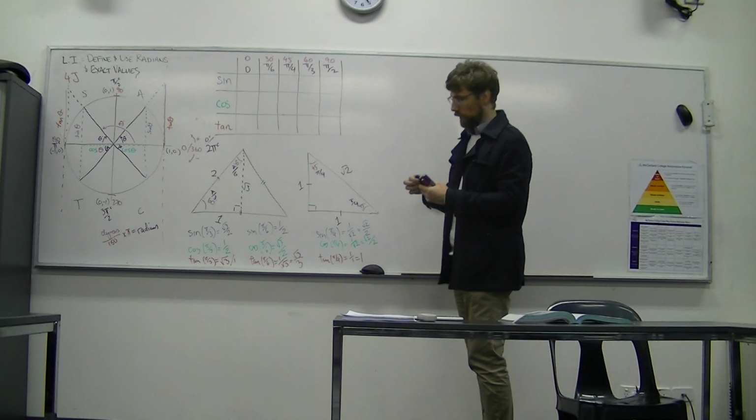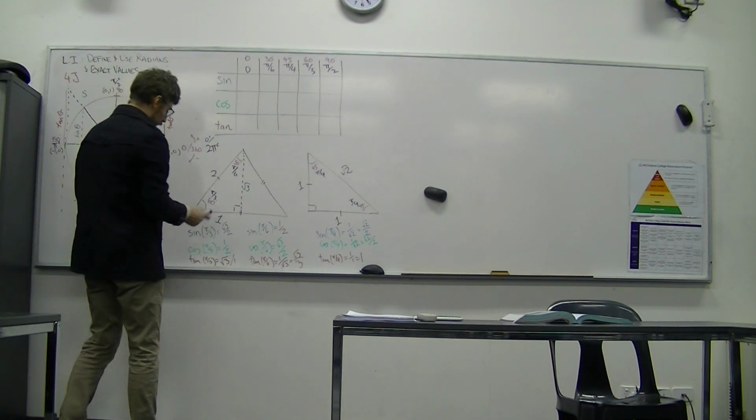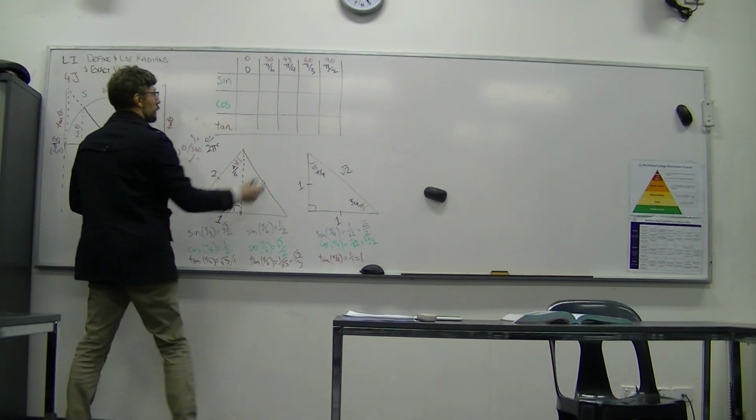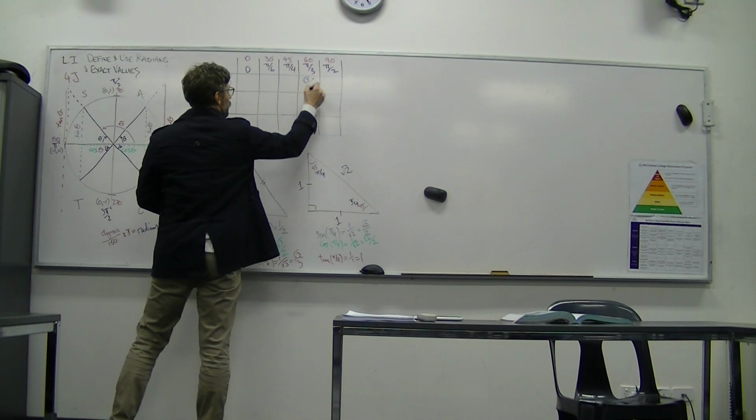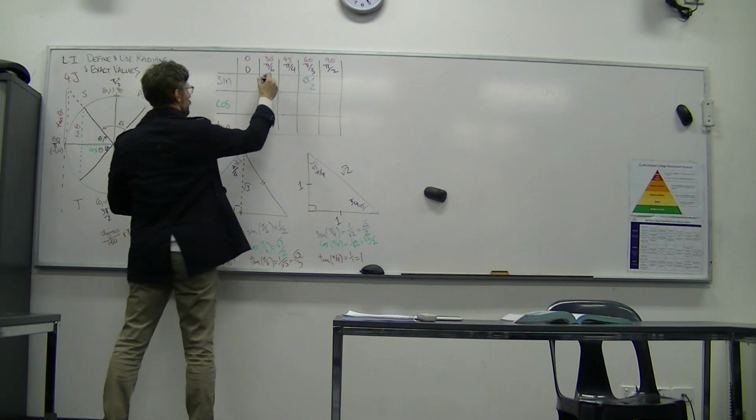Well, now we can fill in our table, or at least the middle chunk of it. Okay, sine of pi on 3 is root 3 on 2. And feel free to jump ahead of me. Putting all these into there, eventually you'll end up with this.